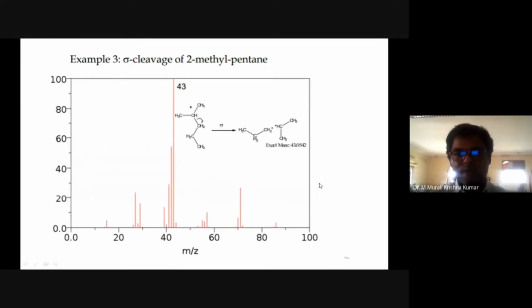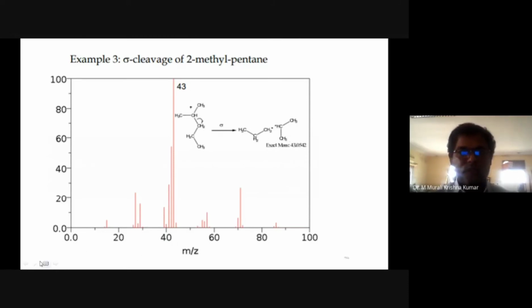Sigma cleavage is happening. The next one: the 71 fragment can further get degraded. Here, because it is split into two with equal numbers, it doesn't matter which is the free radical and which is the carbocation.